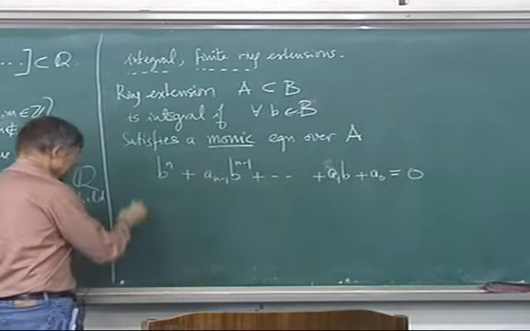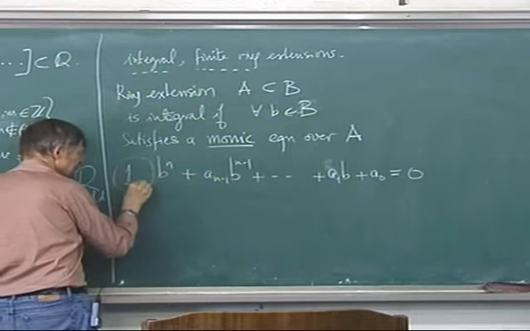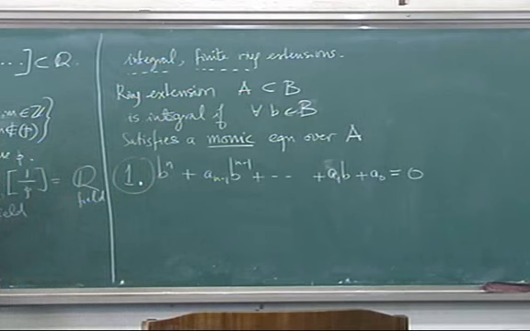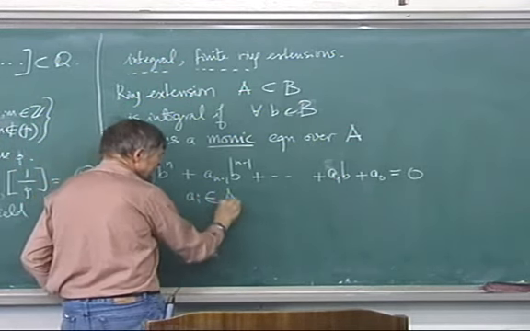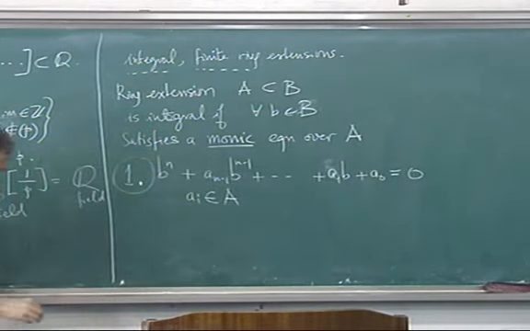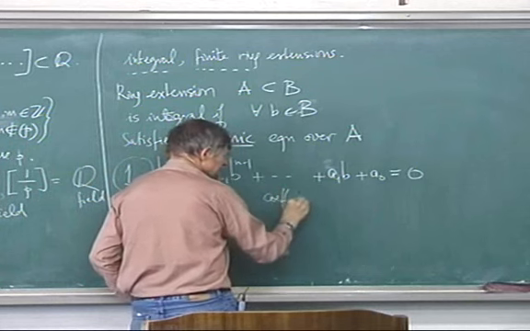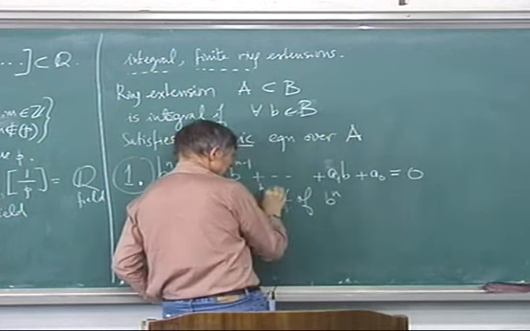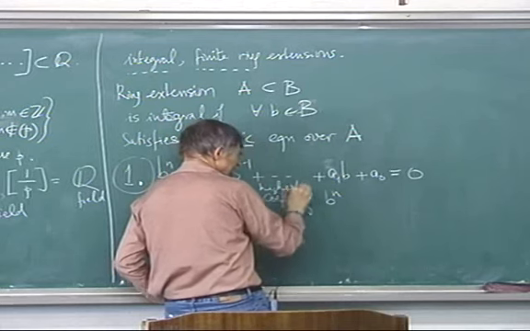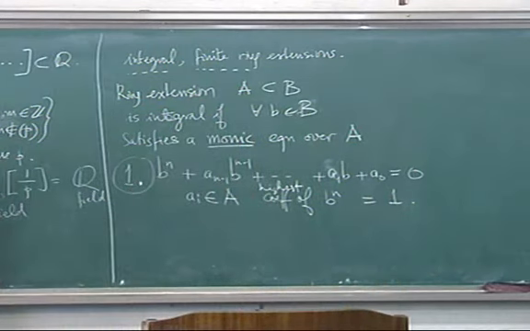The important thing here is that the coefficients a_i are in A, and the coefficient of b to the n, the highest coefficient, is equal to 1. So this is monic.